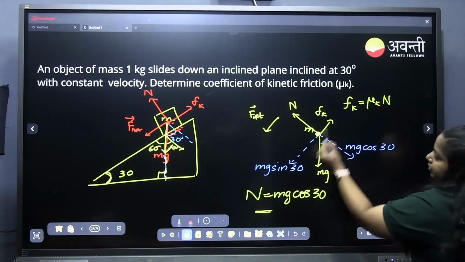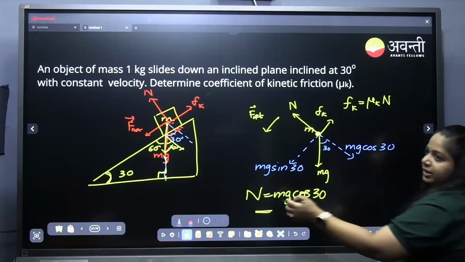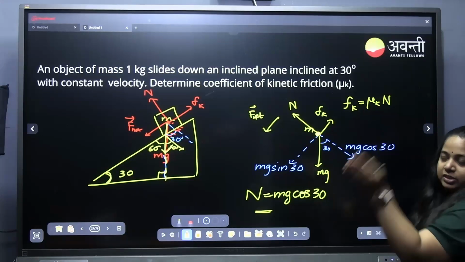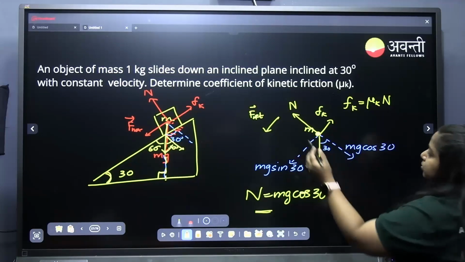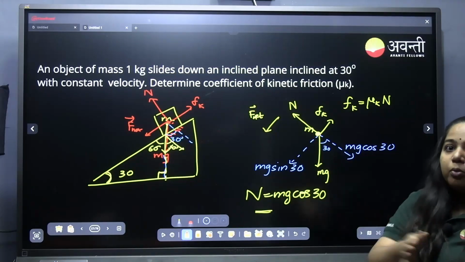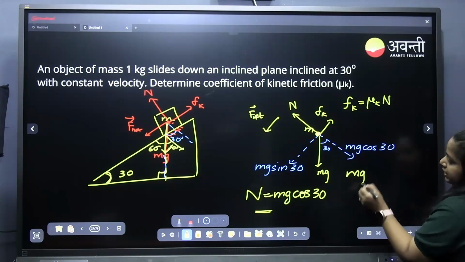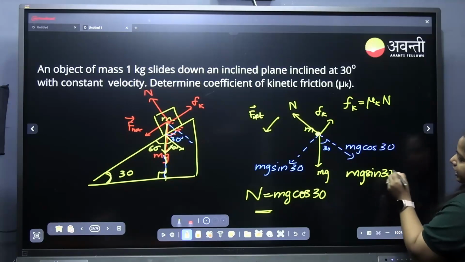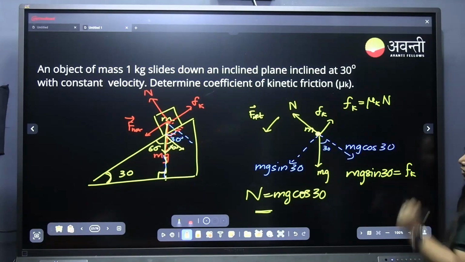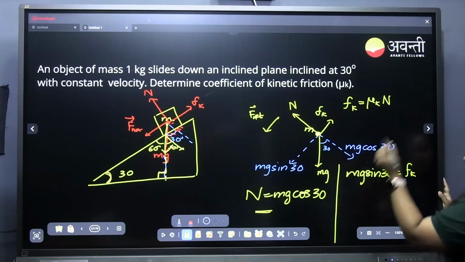Now next, the object is sliding down, so mg sin 30 is pulling it down, friction is opposing it, but it is moving with uniform velocity. Constant velocity means both are cancelling each other. So we can say that mg sin 30 equals kinetic friction.